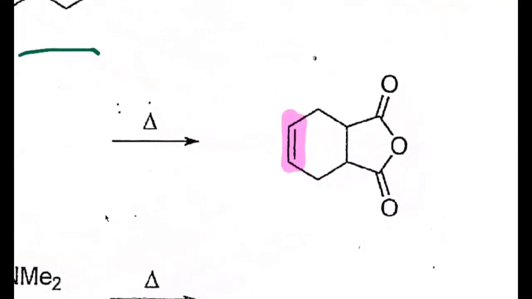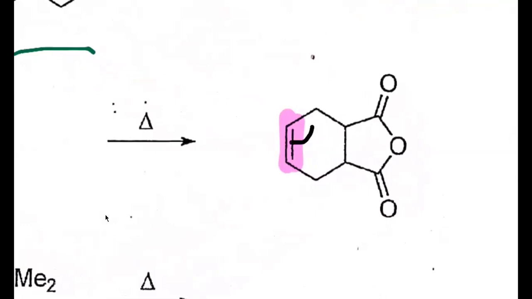If we start here at the alkene, boom, that's going to put a pi bond here. Then I need to break this bond here, which will put a pi bond here. And then I also need to break this bond here like that, and that's going to put a pi bond here.